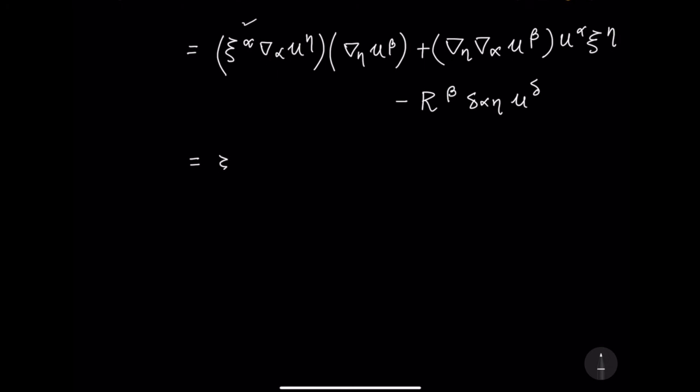So this becomes xi eta u alpha plus u alpha xi eta.